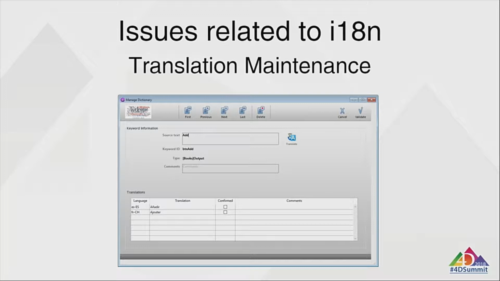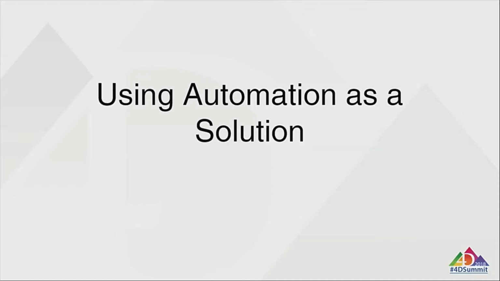Even more, do you imagine a team of translators touching the translation at the same time? You can use an XLIFF editor, but it's not a solution. Then, here we have to think about something automatic. We need to use automation as a solution.